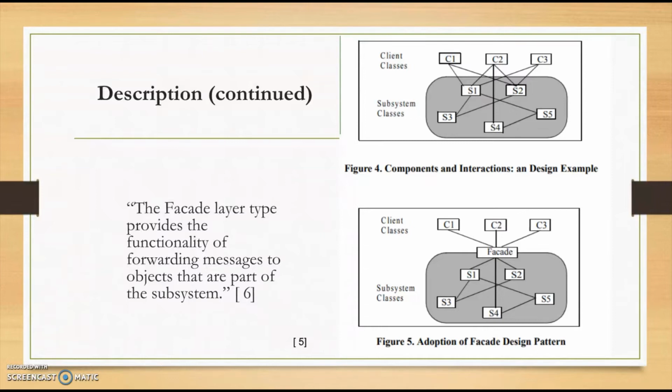The facade then decides where to send those directives, forwards those messages to the relevant areas of the subsystem, and has the complexity of the subsystem hidden from the client classes and decouples the client from the subsystem. In this way, it can be a very important separation point to separate concerns.